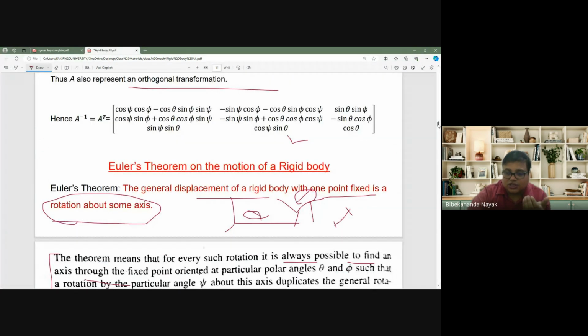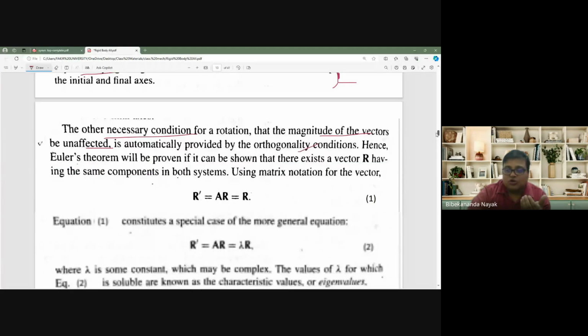How do we show that? We know rotation means the axis of rotation remains fixed. Let R be the axis of rotation. Then when this transformation occurs, it will remain the same as R. So here is a slight analytical proof of this theorem. First assume that the axis of rotation remains the same, so any vector lying on the axis of rotation will remain the same.